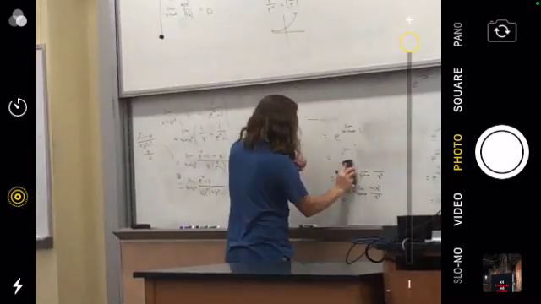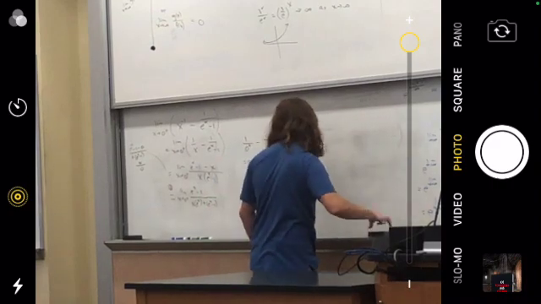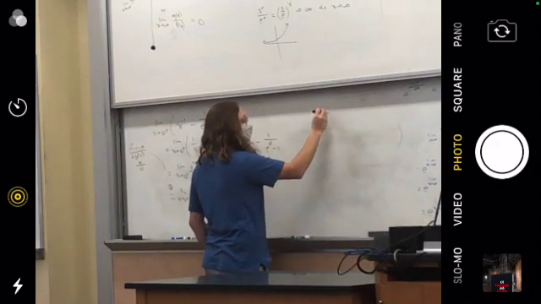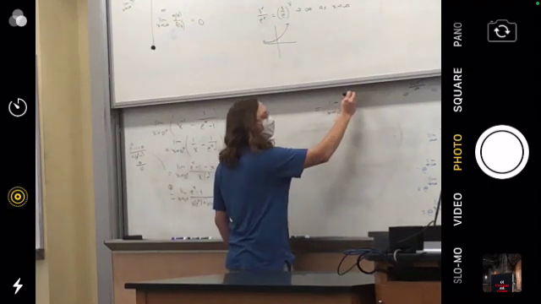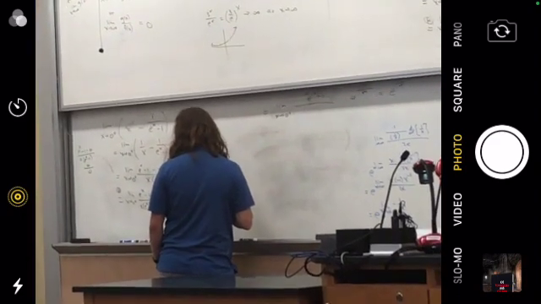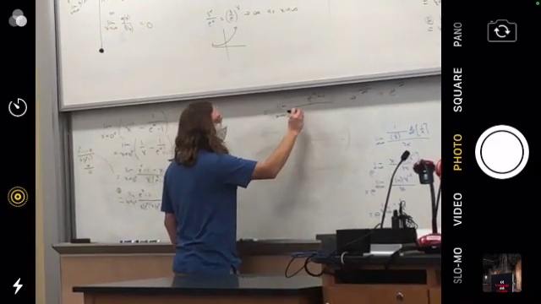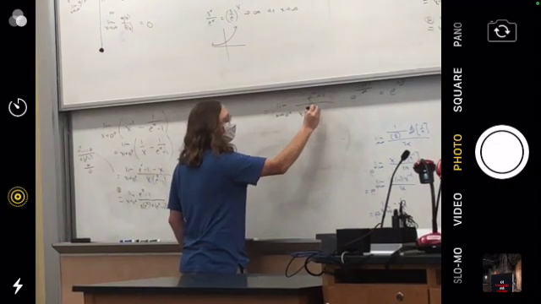So I end up with the limit as x goes to 0 of e^x minus 1 on the top, and on the bottom, x e^x plus e^x minus 1.